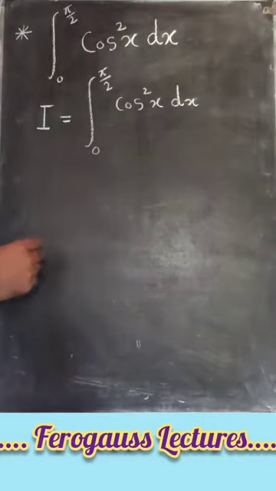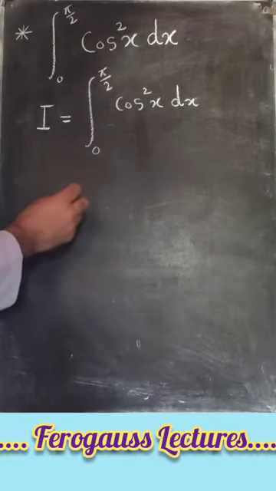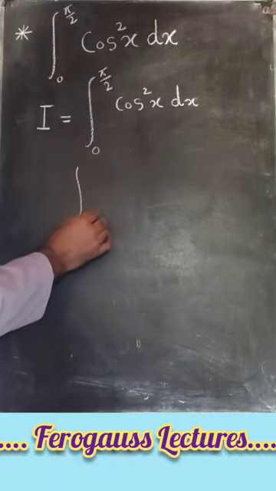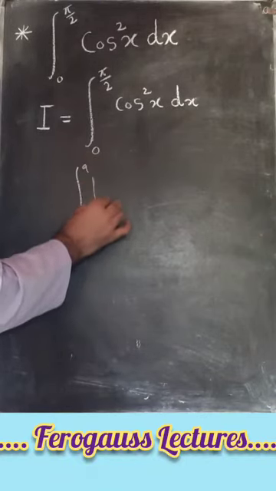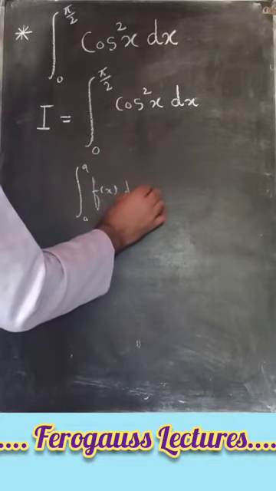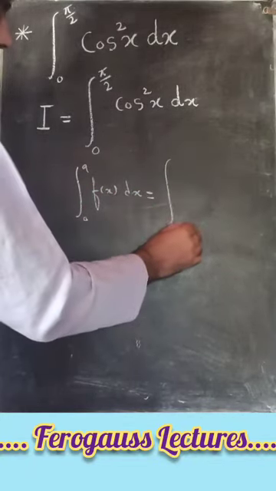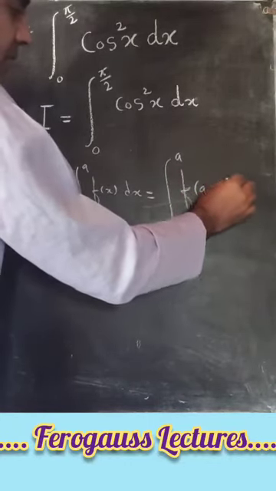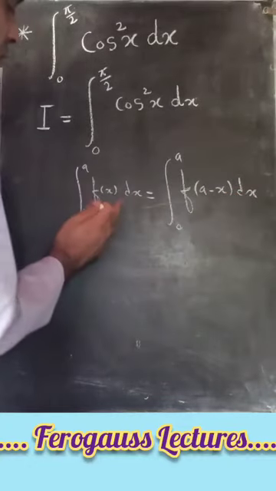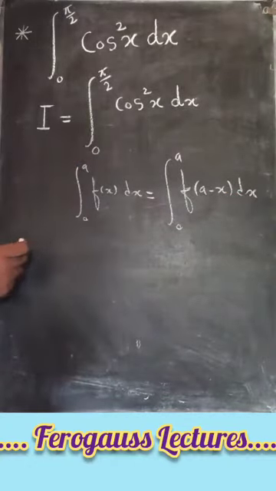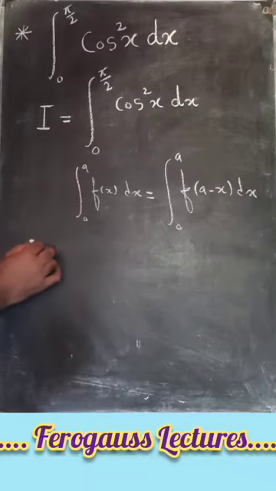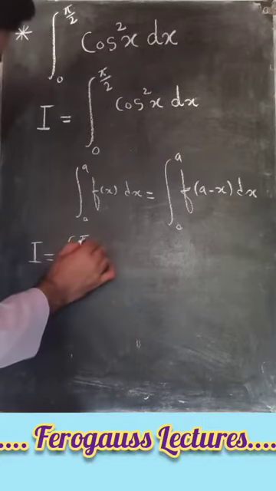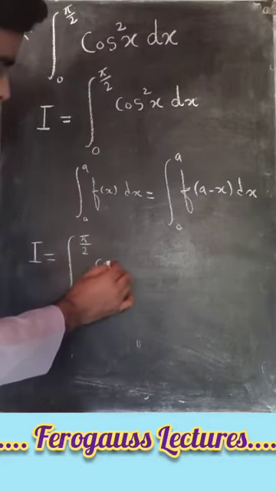We know that by property of definite integrals, integral 0 to a f(x) dx is equal to integral 0 to a f of (a minus x) dx. Now we use this property in this integral and we get I is equal to integral 0 to pi by 2 cos square.